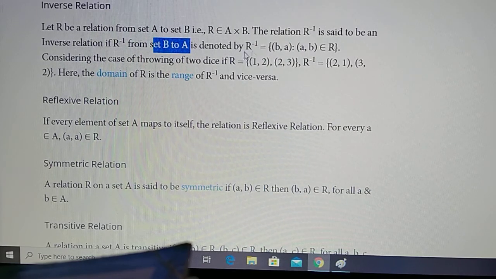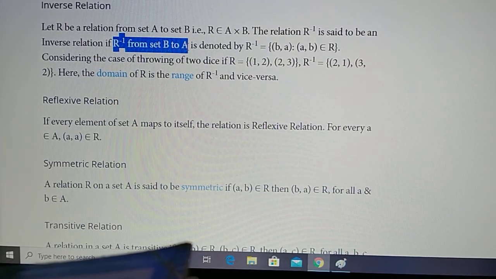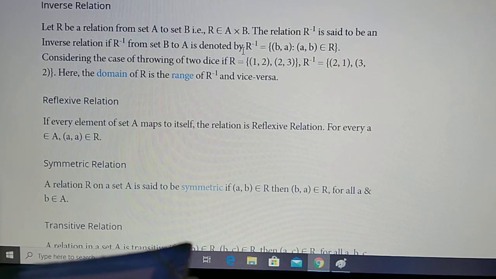We have relation here A to B. Now the R inverse is going to change B to A. Like, look, the relation R inverse is (b, a). Okay, (a, b) belongs to R, but in the inverse of R, (b, a), the elements become changed.